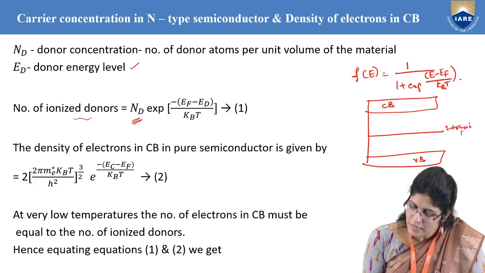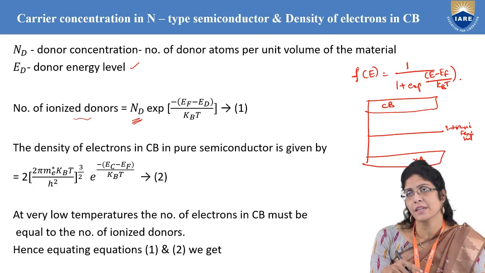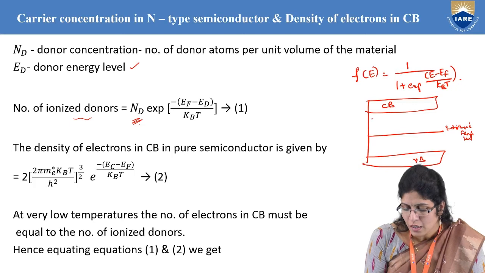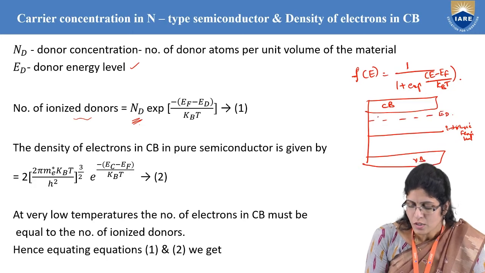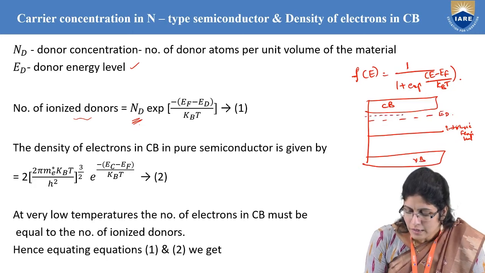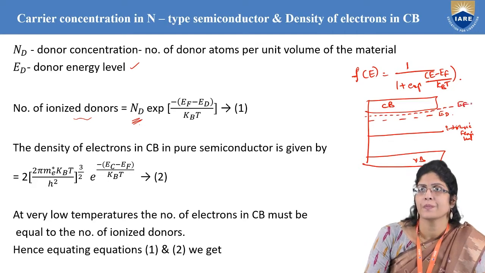Intrinsic Fermi level in the sense of what? A Fermi level which should be there between the conduction band and the valence band for an intrinsic semiconductor. But now you have doped it with a pentavalent impurity which is forming a donor level beneath the conduction band. So after the doping, the Fermi level will be here.